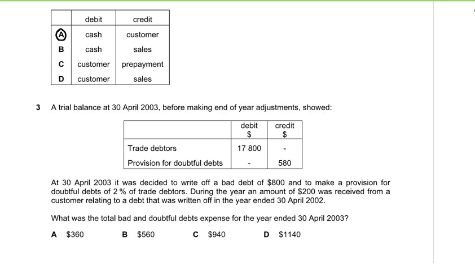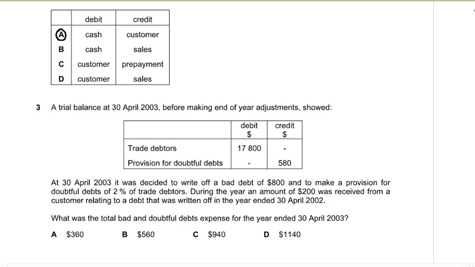During the year, an amount of 200 was received from a customer relating to a debt that was written off in the year ended 30 April 2002. What was the total bad and doubtful debts expense for the year ended 30 April?